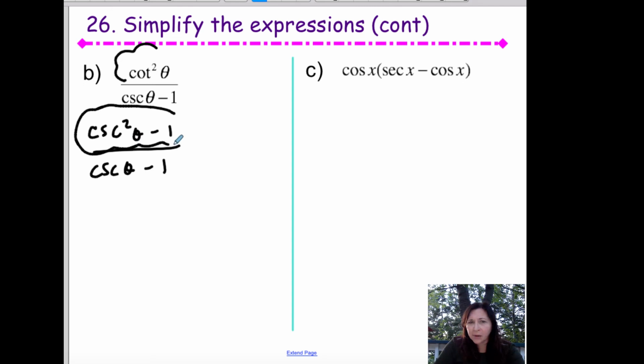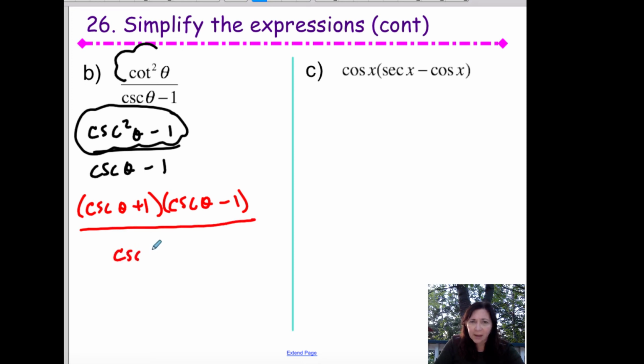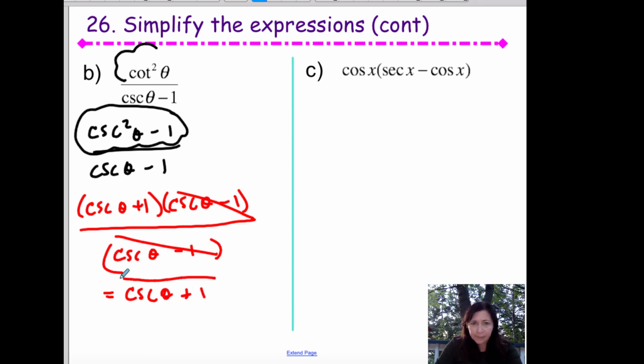This right here is a difference of 2 squares, and that's just going to be cosecant of theta plus 1 times cosecant of theta minus 1 all over cosecant of theta minus 1. And this quantity here is going to cancel with itself, leaving me just with cosecant of theta plus 1.